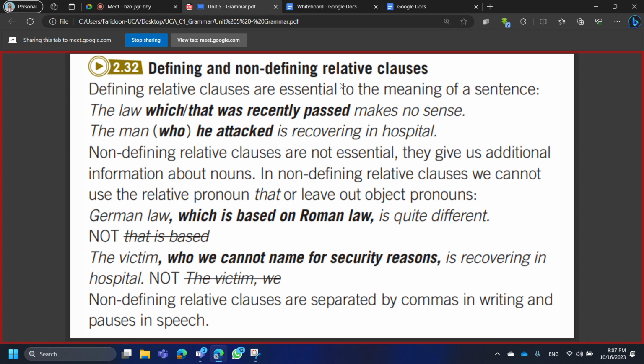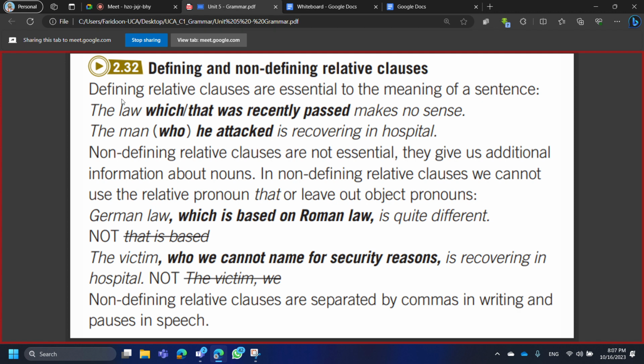They add information about a specific noun, and nearly all the time, relative clauses come after the noun that they're talking about. In English, we have two types of them: defining relative clauses and non-defining relative clauses.